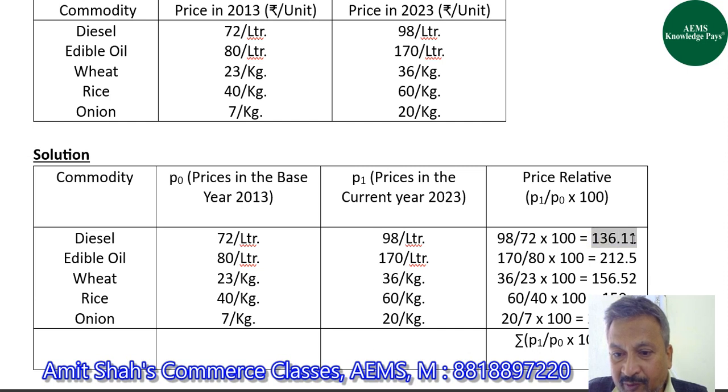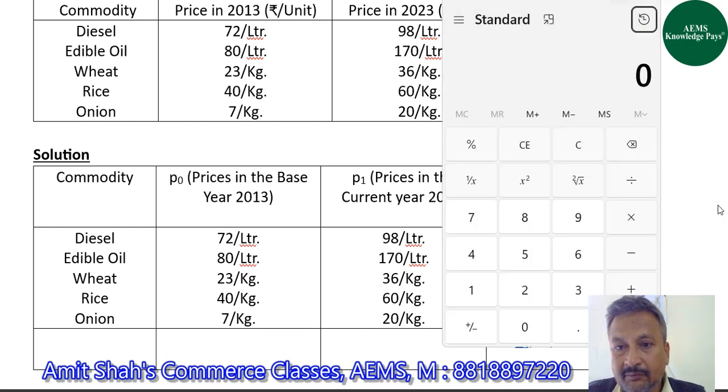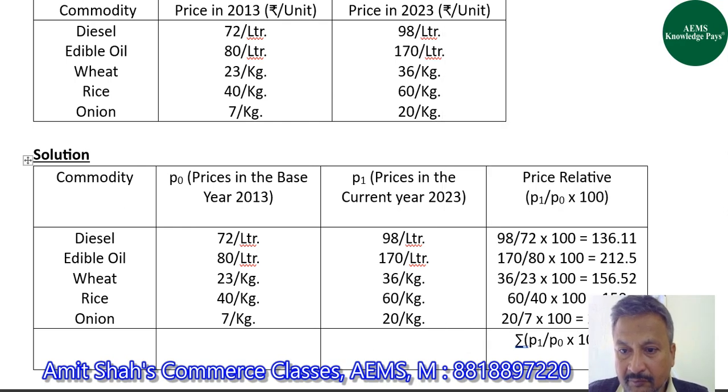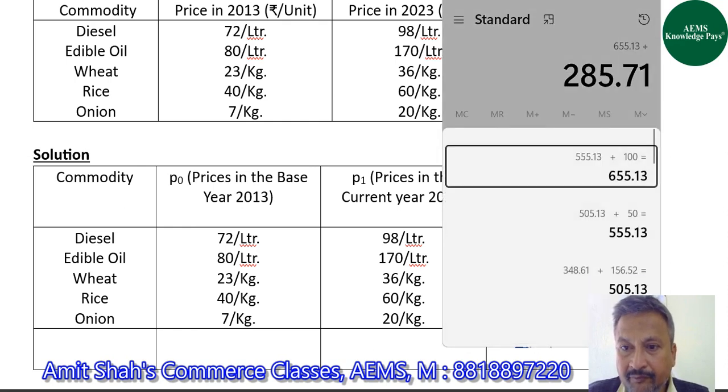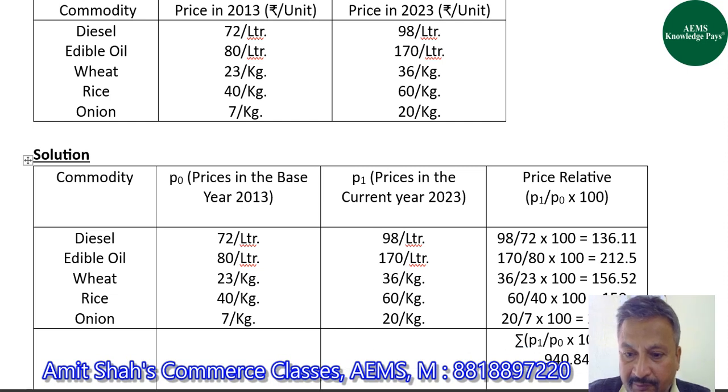That is 136.11 plus 212.5 plus 156.52 plus 150 plus 285.71. It is 940.84.